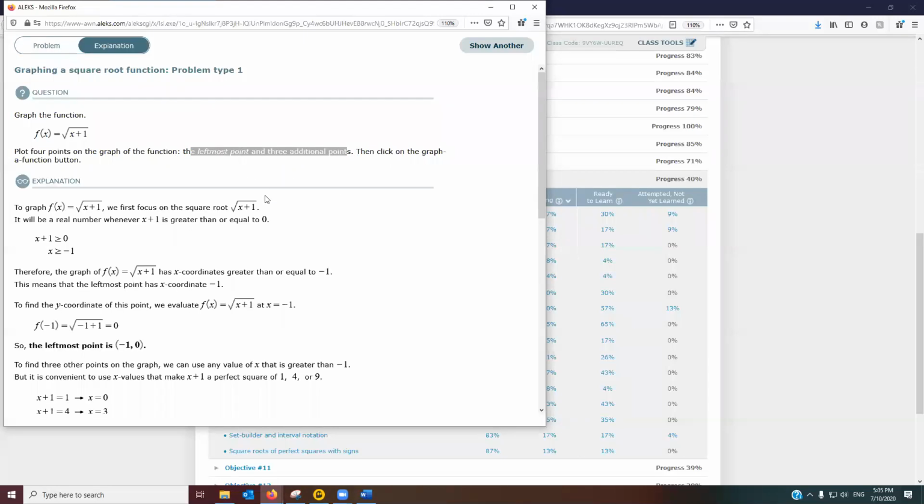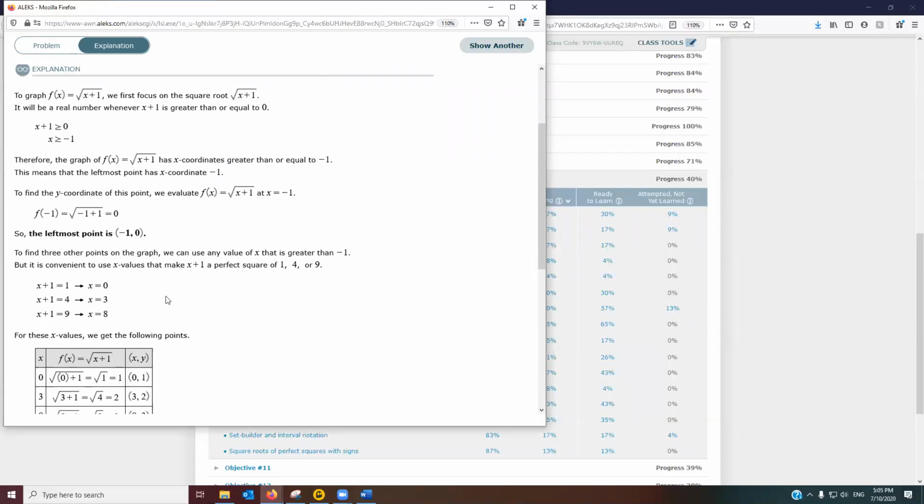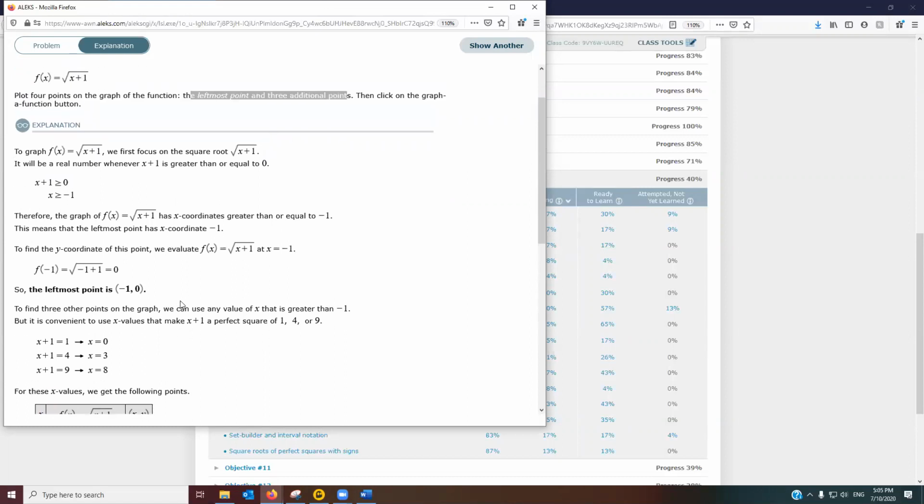All right, well, let's make a table up. Now, I want to know what is the leftmost point of this graph. Well, to find the leftmost point, I'm going to set what's underneath to be 0, because I know the square root of 0 is 0.